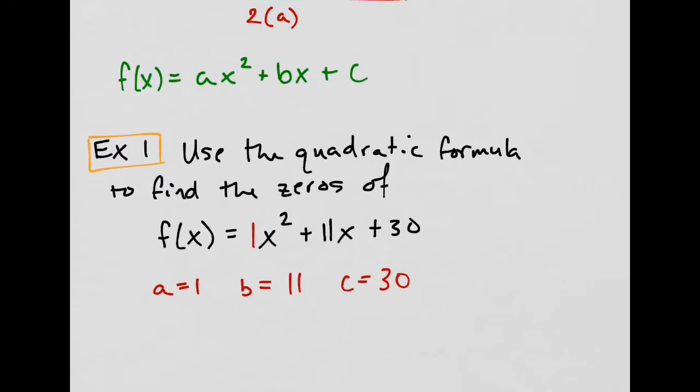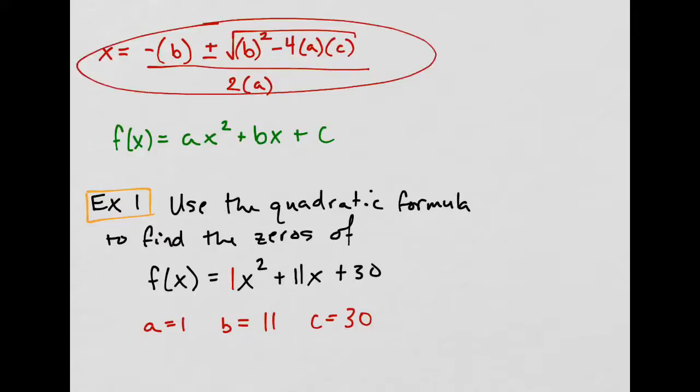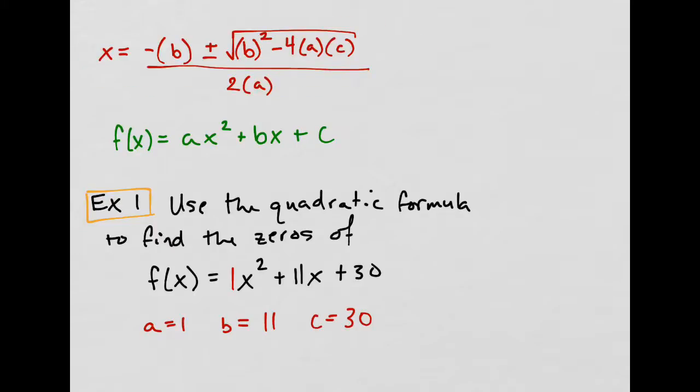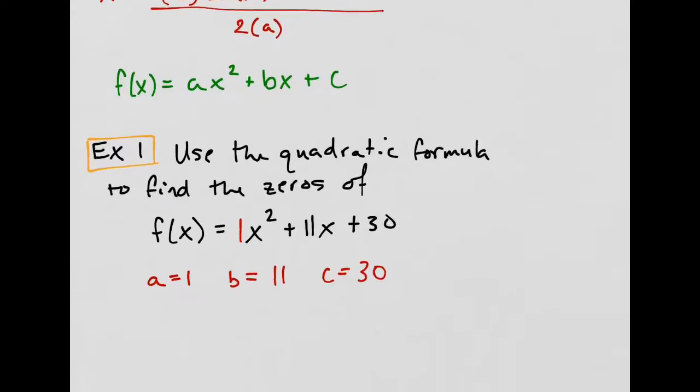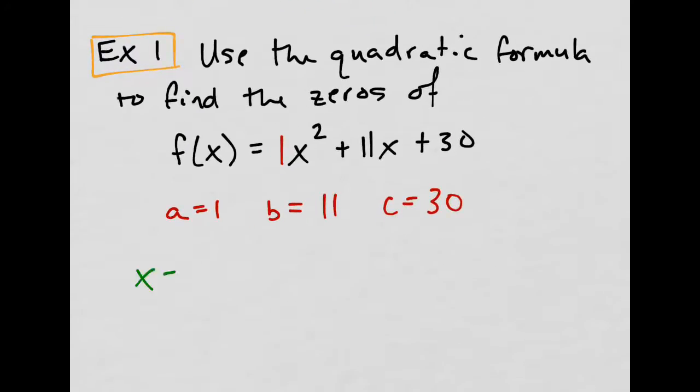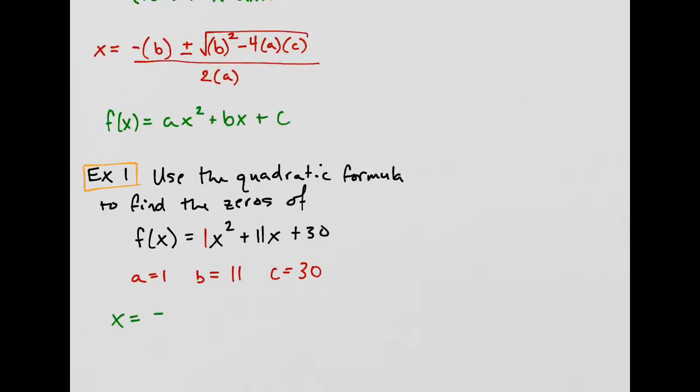All right then. What do I do with that? Well, I just use this formula. I'll be very careful with this. x equals negative b. B goes on the inside there. That's just 11.